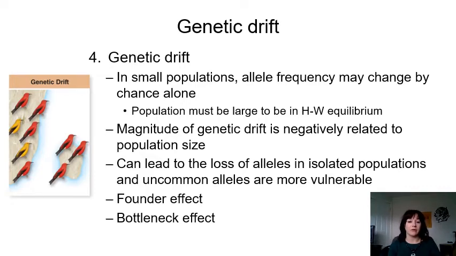We're going to go over some examples of this as well, but you should make sure that you understand this concept. The influence of genetic drift is dependent upon population size. The smaller a population is, the more at risk it is for genetic drift. The key thing to remember is that it's more likely to happen in small populations.